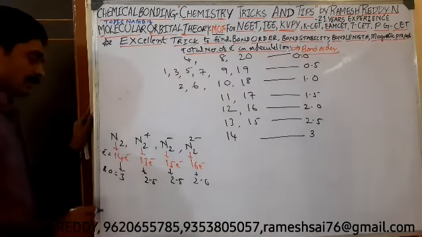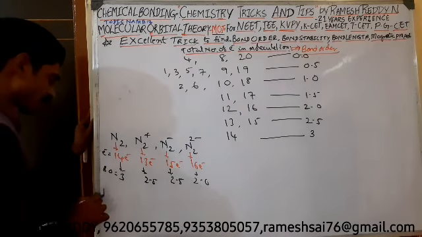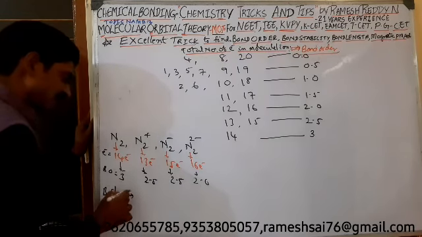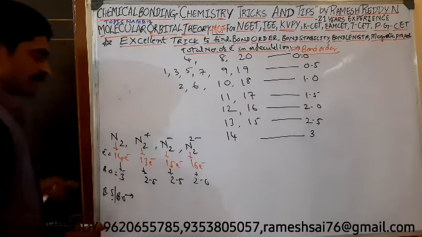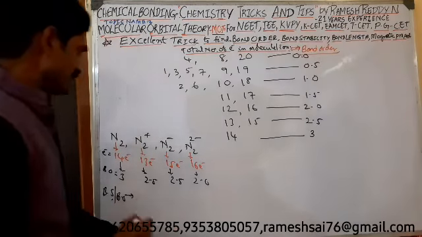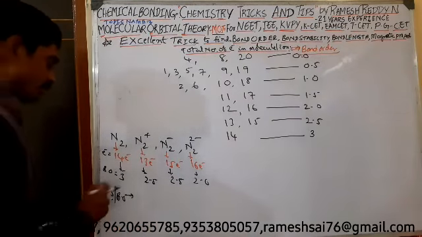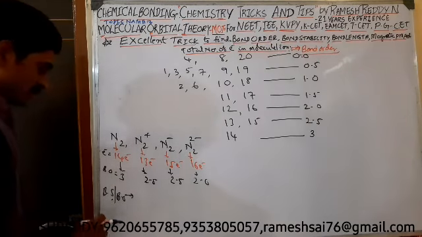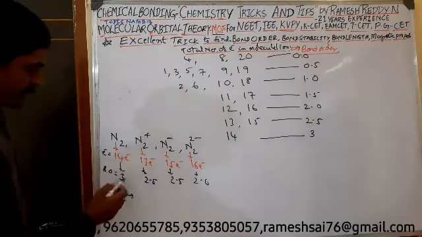Then, bond order or bond stability, increasing order or decreasing order. If the framing of the question says so, decreasing order or increasing order of bond stability or bond order, right? So in this case, check which one.